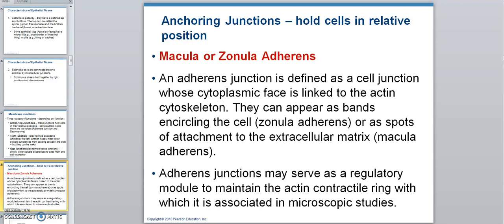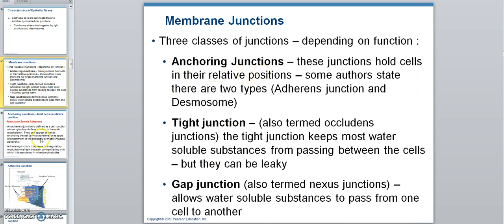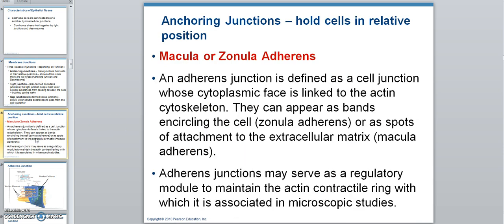You'll see. The adherens junction holds it together, but in areas of high abrasion, it would snap apart. So the adherens junction, though holding cells together, using these proteins here, is a weaker junction to hold things together, but it is still an anchoring junction. So it's the weaker type.